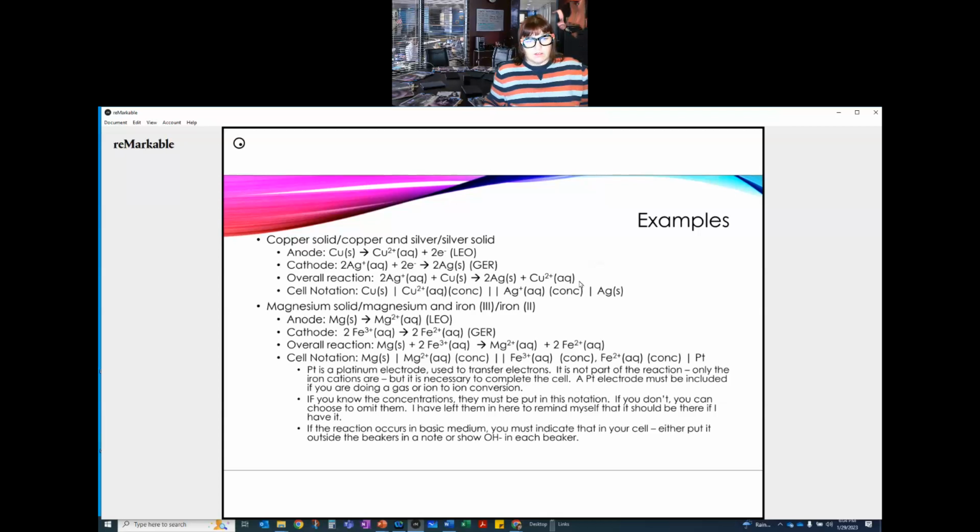So some examples. Copper solid goes to copper, and silver goes to silver solid. So again, we're looking at Cu solid goes to Cu2+, and Ag+ goes to Ag solid. I know that this is a 1 electron process, and that's a 2 electron process. Lose electrons, oxidized. This is my LEO.